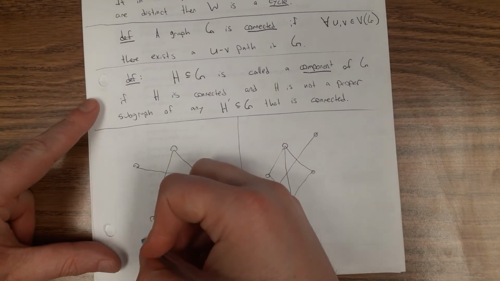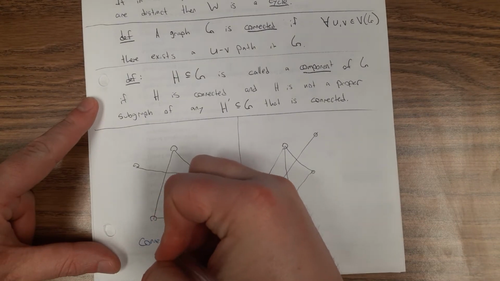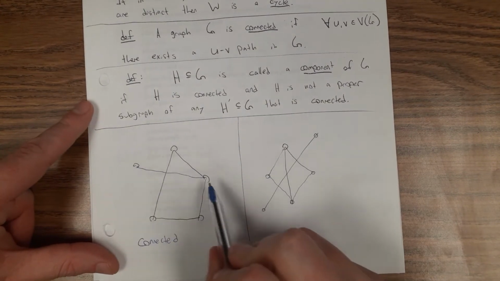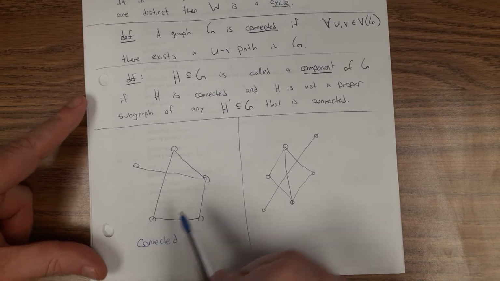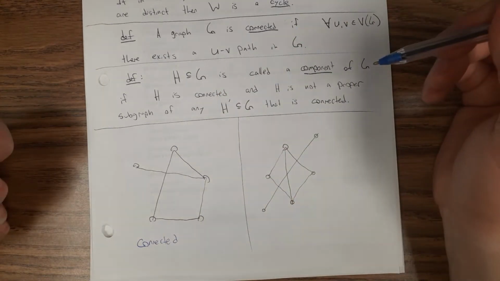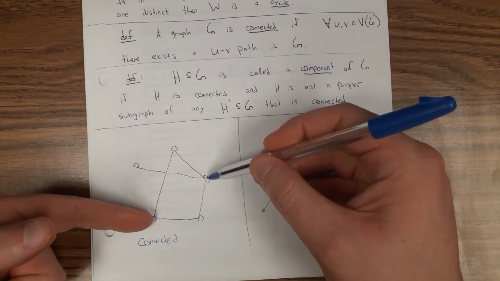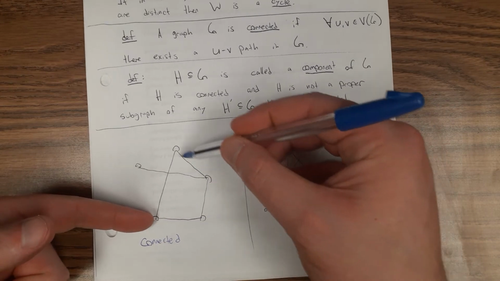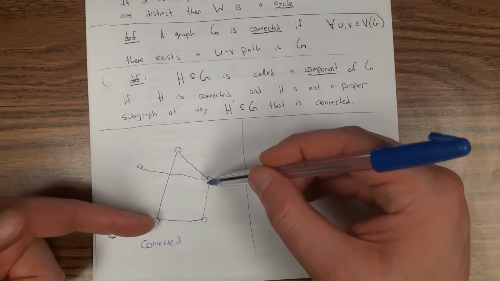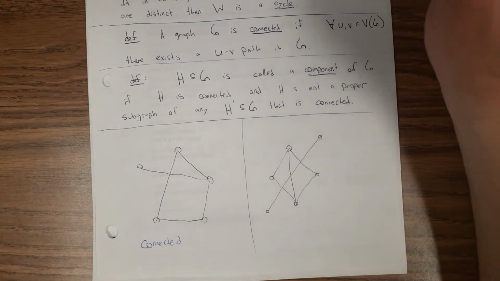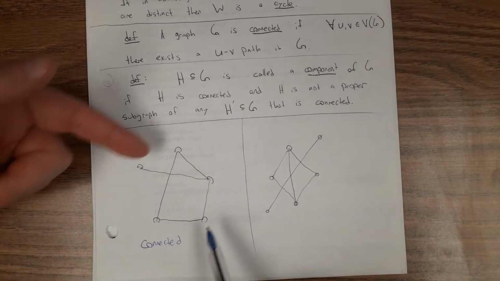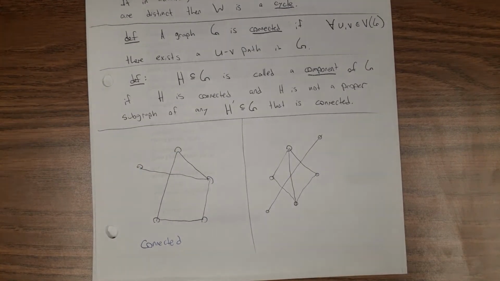This one is just connected. You can check any two vertices you look at. There's a path from one to the other. Like I can look at these two and then I can say there's this path. There's also this path, but as long as there's one path from this vertex to this vertex, then we're happy. And you check every pair of vertices, but it's a small graph and it's pretty easy to look at it and convince yourself this is a connected graph.